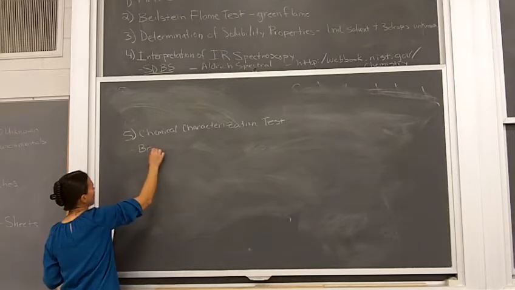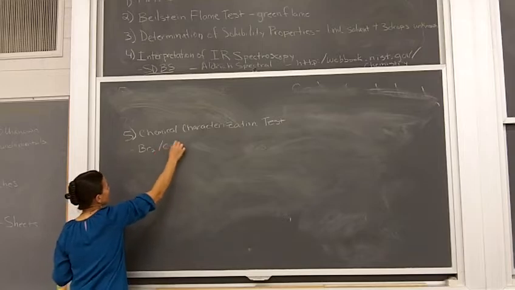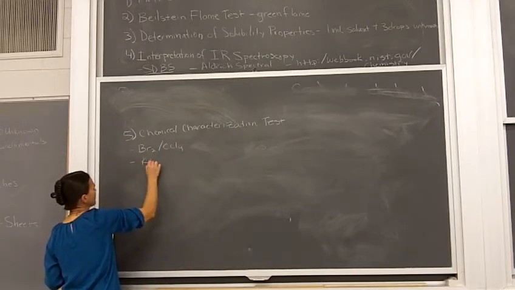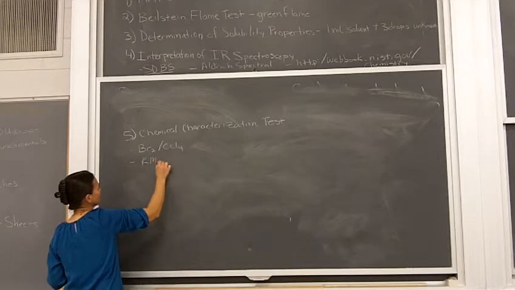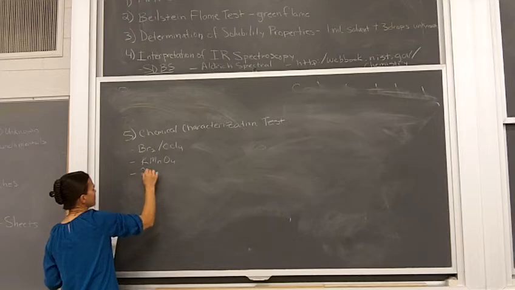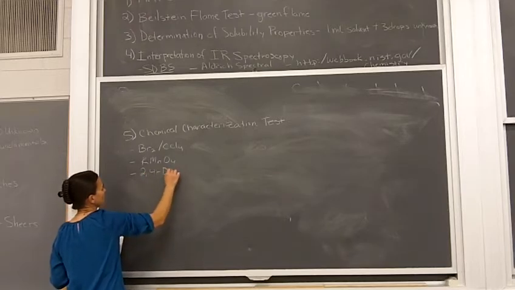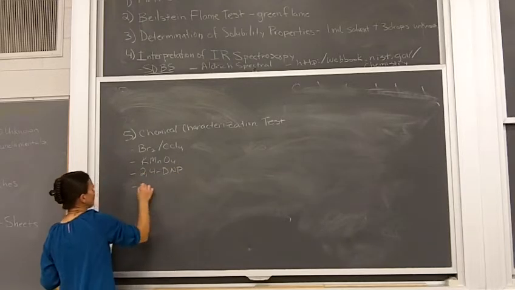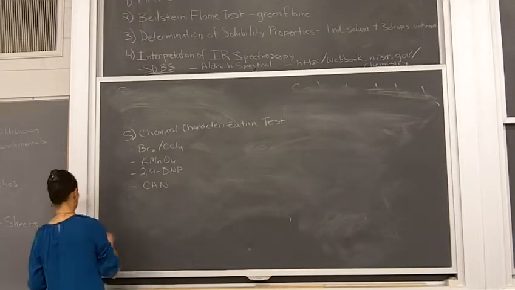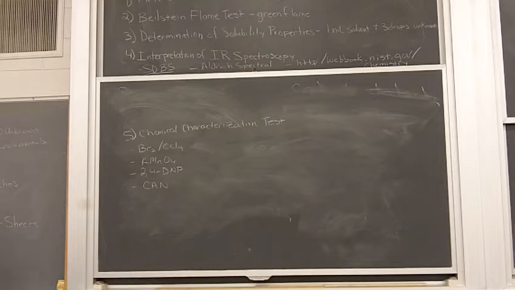We've got bromine in carbon tet. We've got potassium permanganate. We've got 2,4-DNP. And we've got what we call CAN, our ceric ammonium nitrate. So there's our 4 possibilities. I'm going to go through each of those right now.